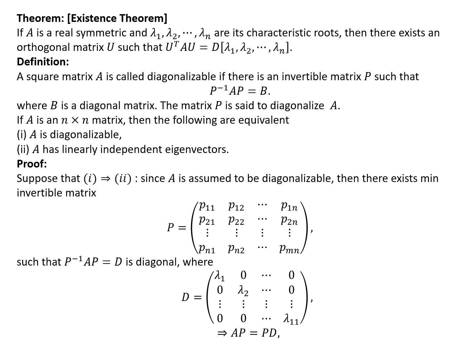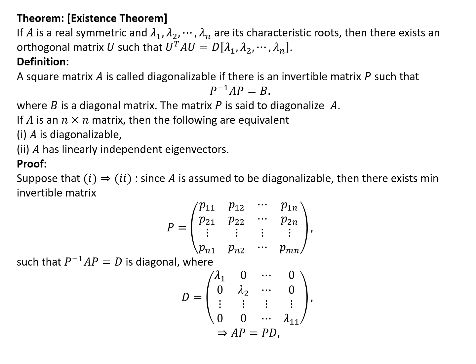So let's prove that. Suppose 1 is equivalent to 2. That is, suppose we have a matrix A which is diagonalizable. We want to establish that A has linearly independent eigenvectors.